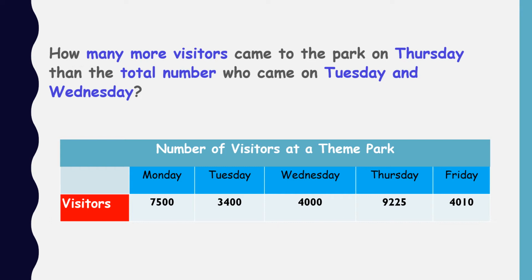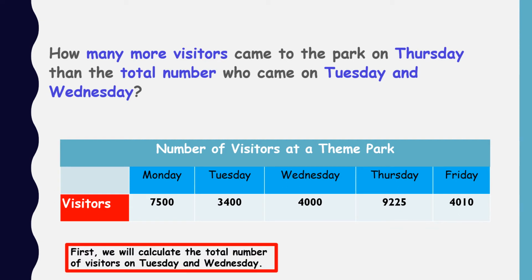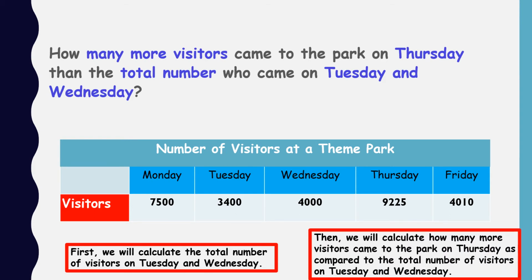The problem wants us to find out how many more visitors came to the park on Thursday as compared to the combined number of visitors who came on Tuesday and Wednesday. So there are going to be two parts to this problem. First, we will calculate the total number of visitors on Tuesday and Wednesday. Then we will calculate how many more visitors came on Thursday as compared to that total.